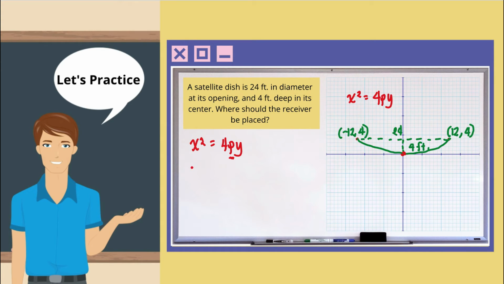We will have 12 squared equals 4p times 4. Simplifying this, we have 144 equals 16p, and p will be 9. Hence, the receiver should be 9 feet above the vertex. This is where we should place the receiver of this satellite dish.